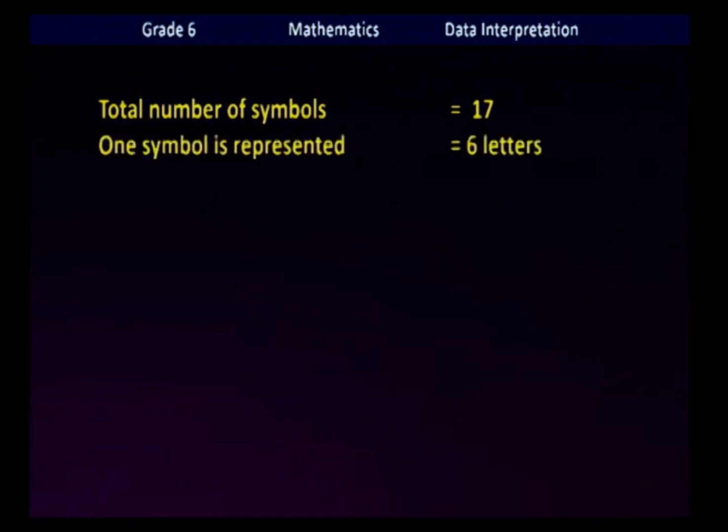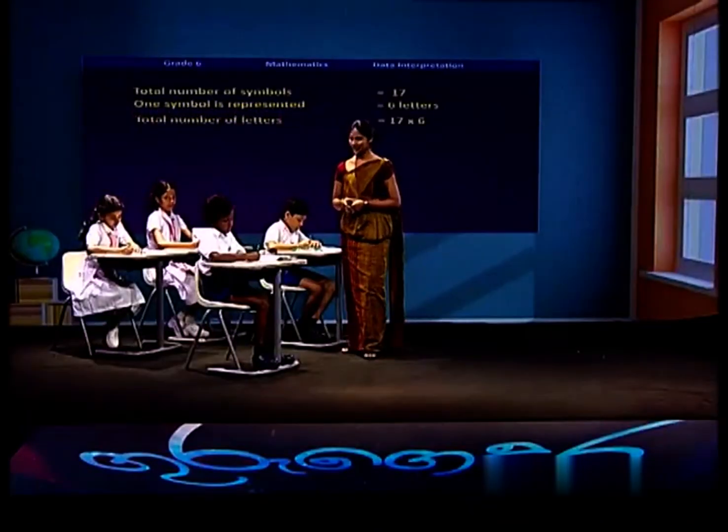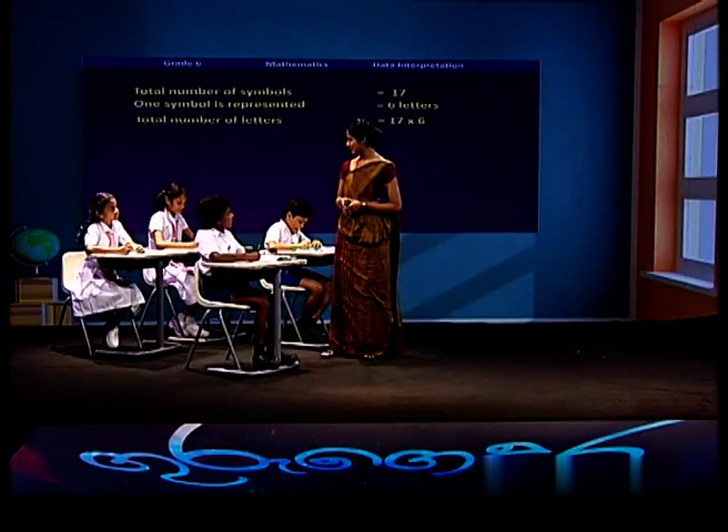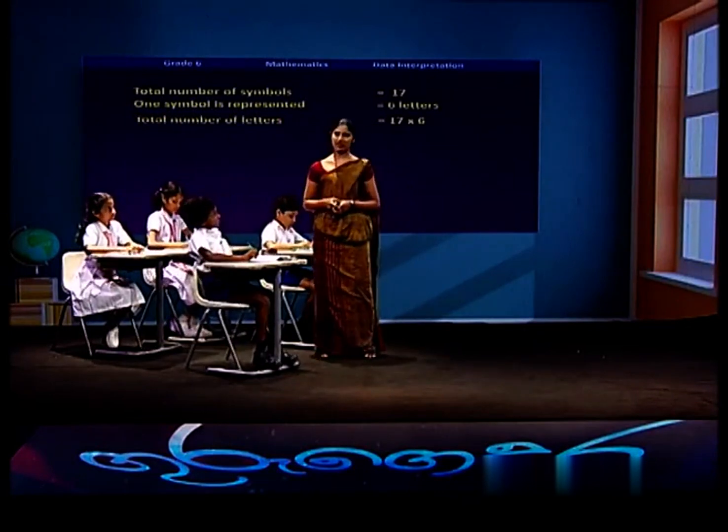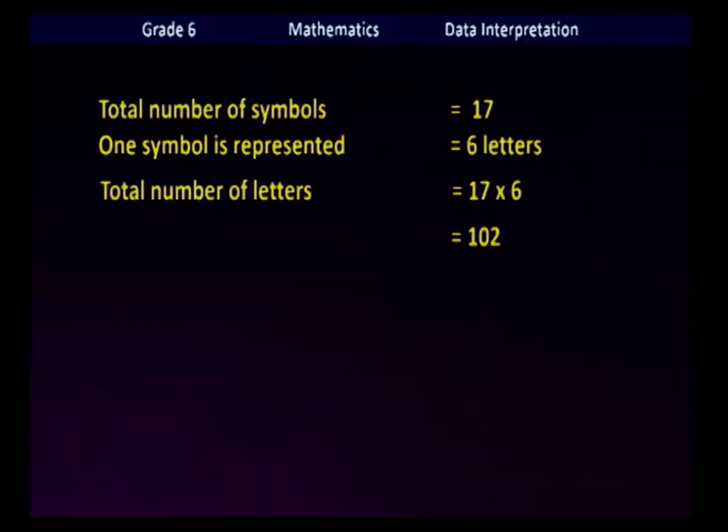Then one symbol represents, you know this, 6 letters. Then we have to take the total number of letters. That means you have to multiply 17 by 6. So what is the answer? Total number of letters. To get that, you should multiply 17 by 6. 102. The answer is 102. That means the total number of letters.